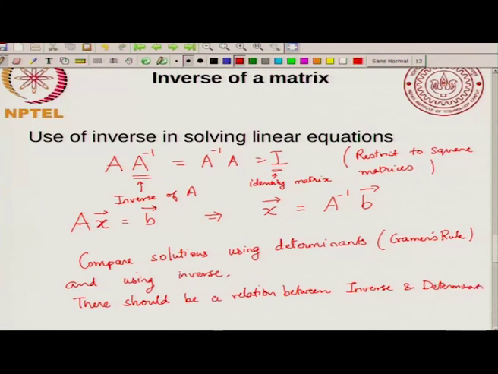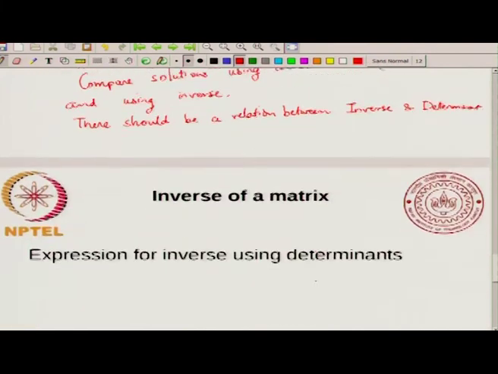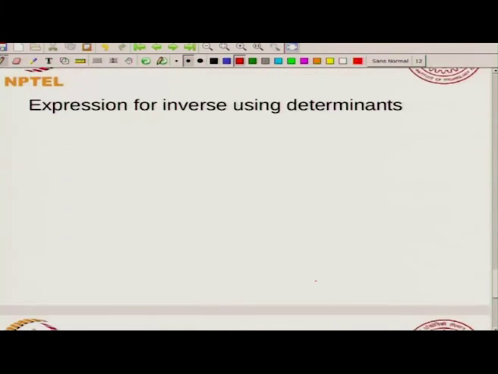Just based on this you would conclude that there should be a relation between the inverse of a matrix and the determinant of a matrix, and various determinants involving matrices. So let us write an expression for inverse using determinants. I will just write the expression, it is fairly easy to verify. Suppose I have a matrix A. I can write A inverse in the following form.